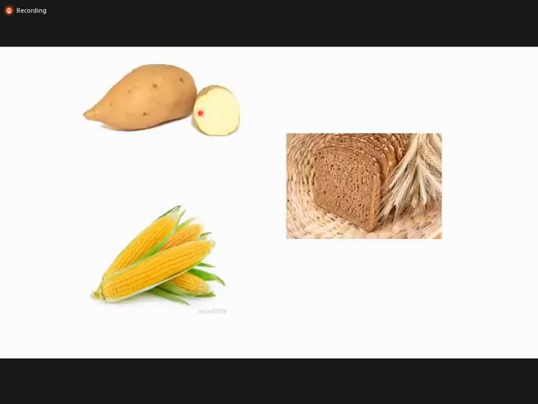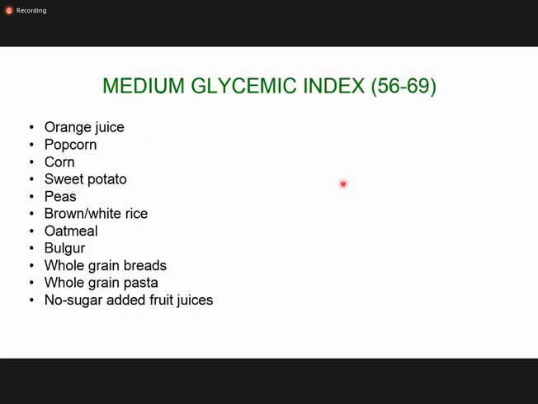Now, sweet potato, corns, and multigrain breads or brown breads, they all come under the category of medium glycemic index, that is from 56 to 69.